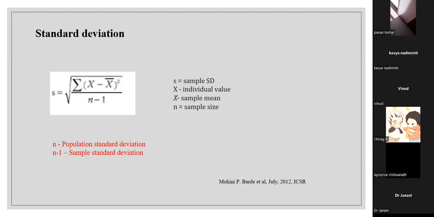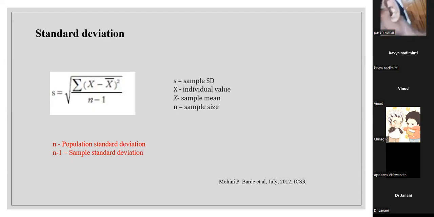Now, those n and n-1, two things you have mentioned. You have to understand what it is. What is the difference between those two? Sir, N is used in population standard deviation, and N-1 in sample standard deviation. If you are using the whole population, you have to use n.